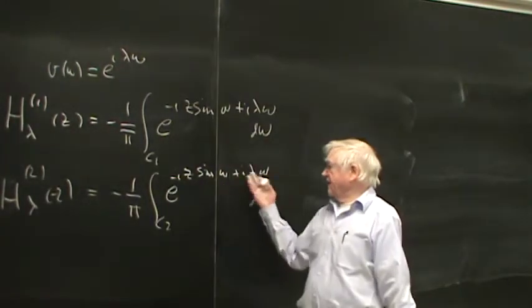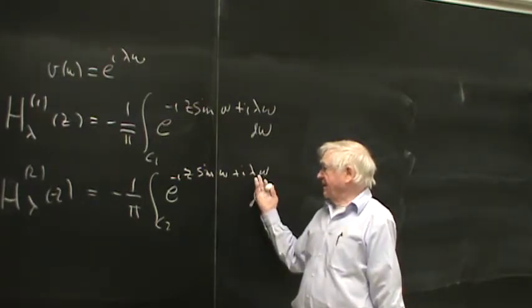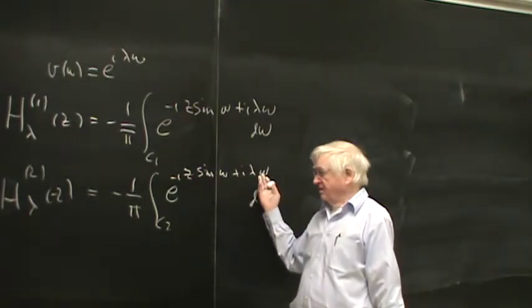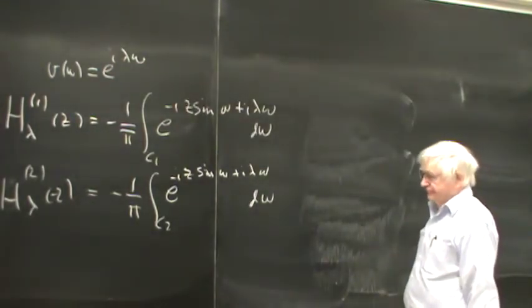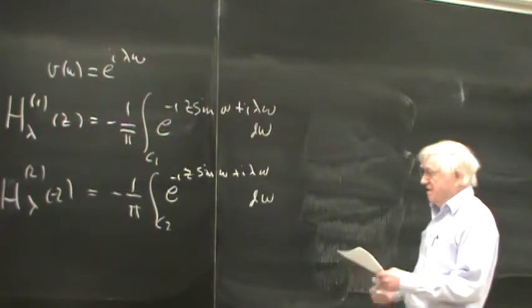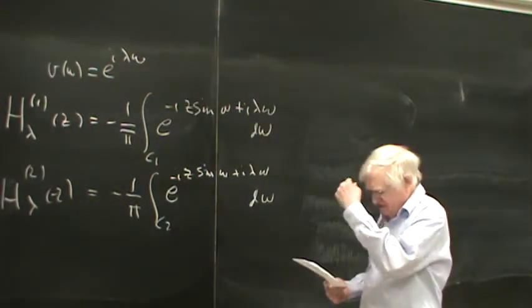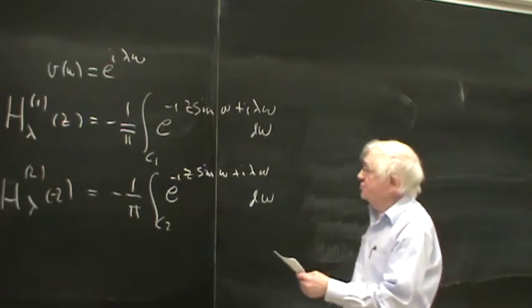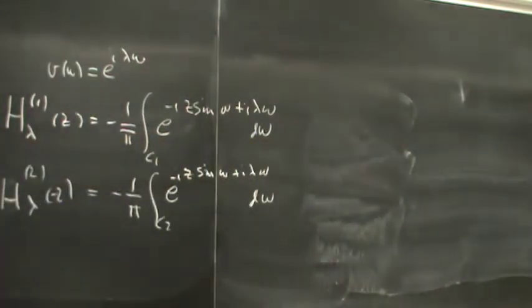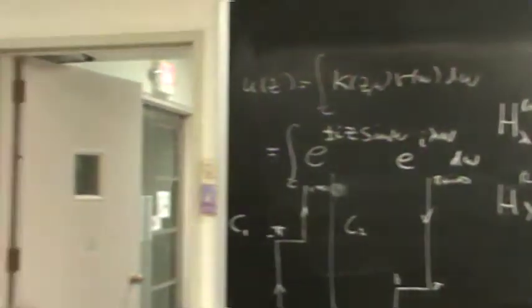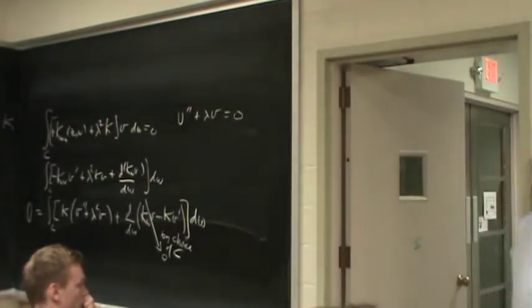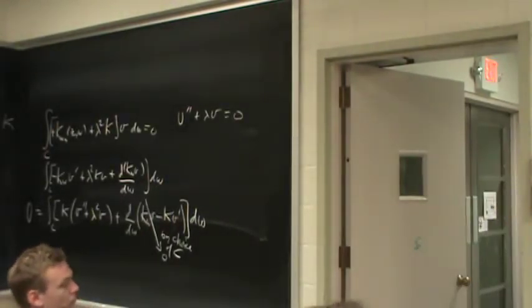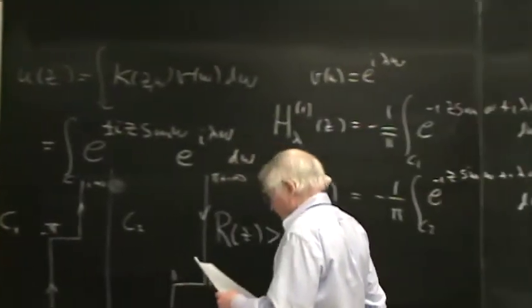This thing is an entire function of z and w, and so you can deform it. In order for these boundary terms to vanish on these contours, you need the real part of z to be positive.